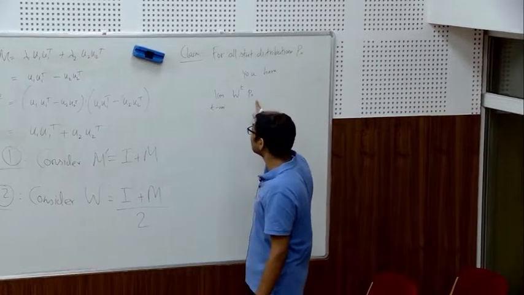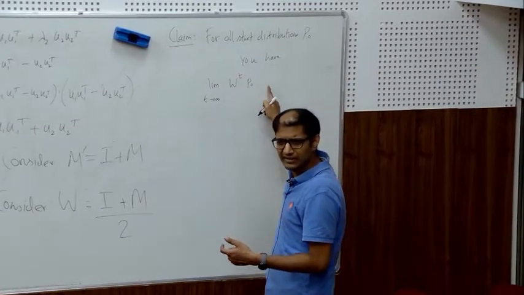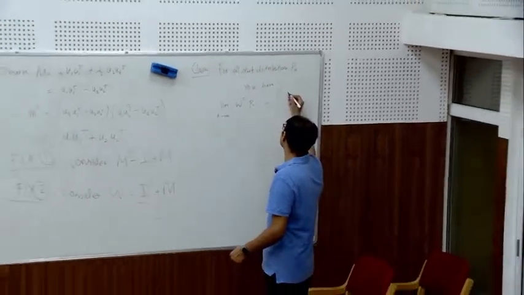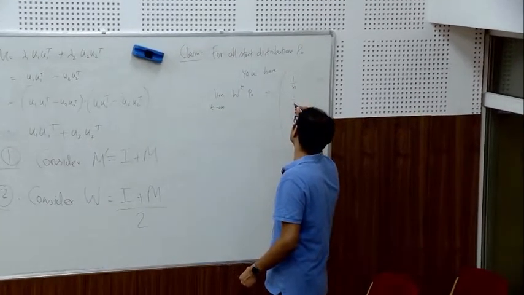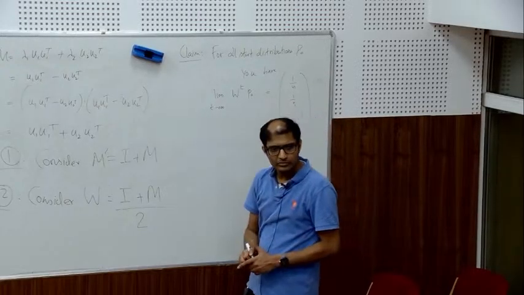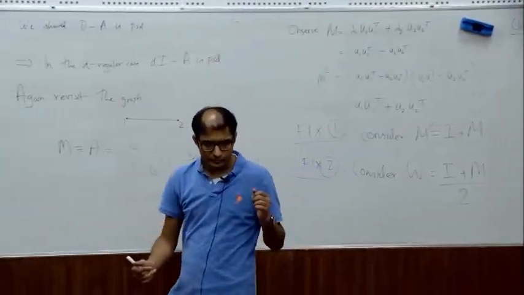So now I can multiply P0 on the right. W is symmetric. It does not matter whether I put P0 on left or right. Right? So I put it on right. This thing converges to the all ones vector divided by n. So the limiting distribution is always the same. That's what we'll prove.